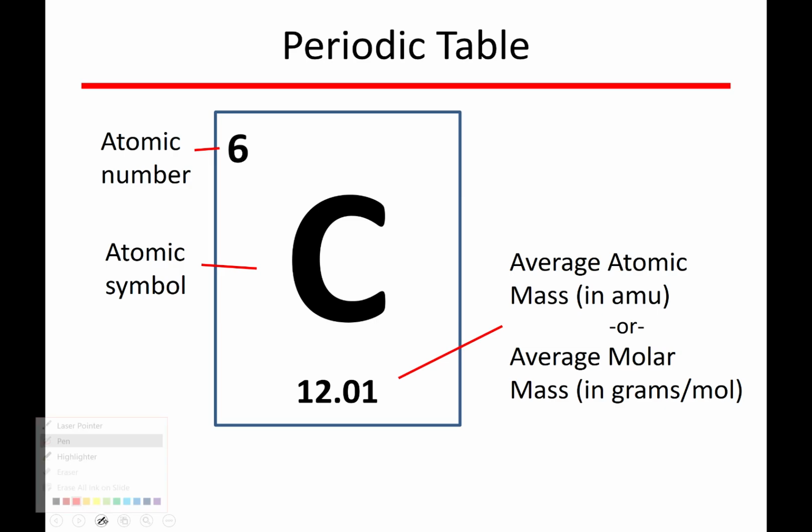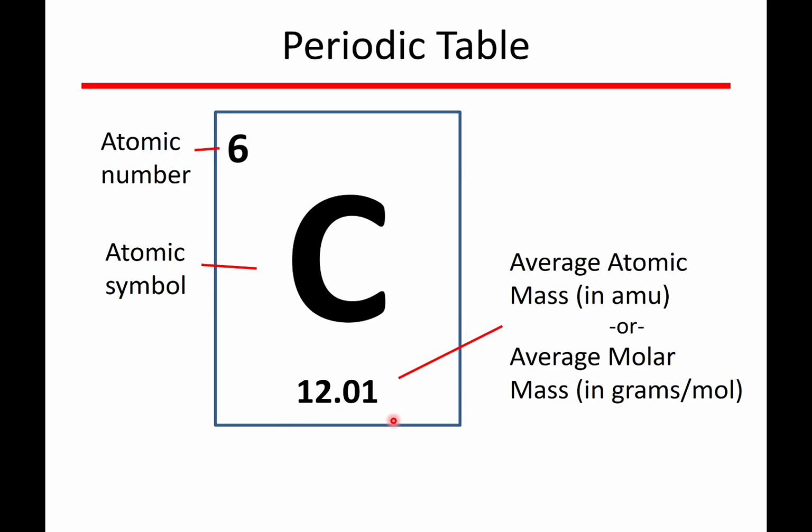The periodic table contains information about molar masses, and we've talked a little bit about some of the boxes on the periodic table that show all of the elements. We've previously looked at the atomic number, which tells us the number of protons, and we've also looked at the atomic symbol before, but there's an additional piece of information in every square of the periodic table, and it's this value.